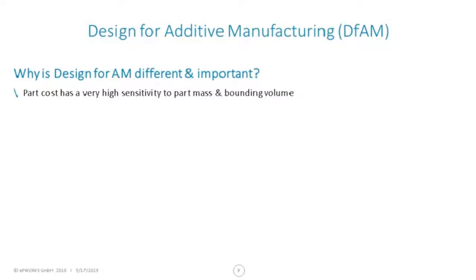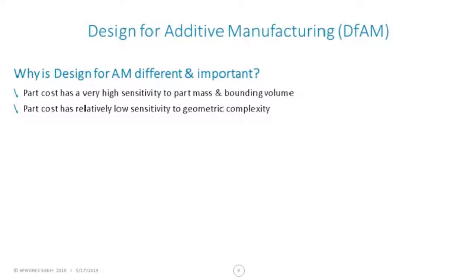Now, design for AM is important and different, mainly because part cost, in this case, has a very high sensitivity to the part mass, and to some extent to the bounding box volume of the part. That's not necessarily the case for many other processes, where a lighter part is typically much more expensive because you have to apply much more machining, for example, to remove material, and the geometry becomes more complex, and therefore you have more machining operations.